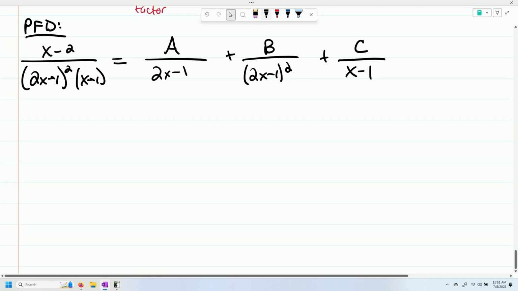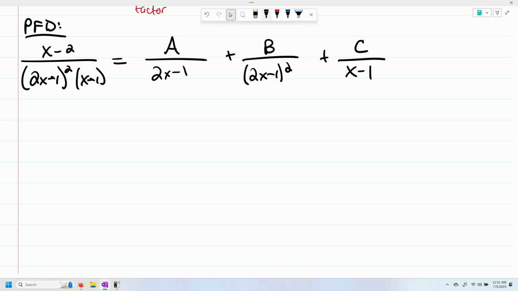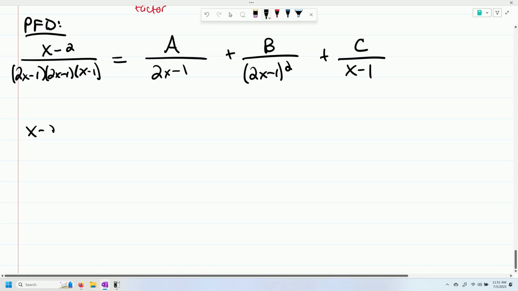Now, it's just a matter of algebra all over again. So I'm going to help us out with this. Remember, you already know what the denominator is going to look like. In fact, sometimes I've seen students in the past, they will just rewrite the denominator so they can physically see that repeated root. All right. So on the left-hand side, we get x minus 2.